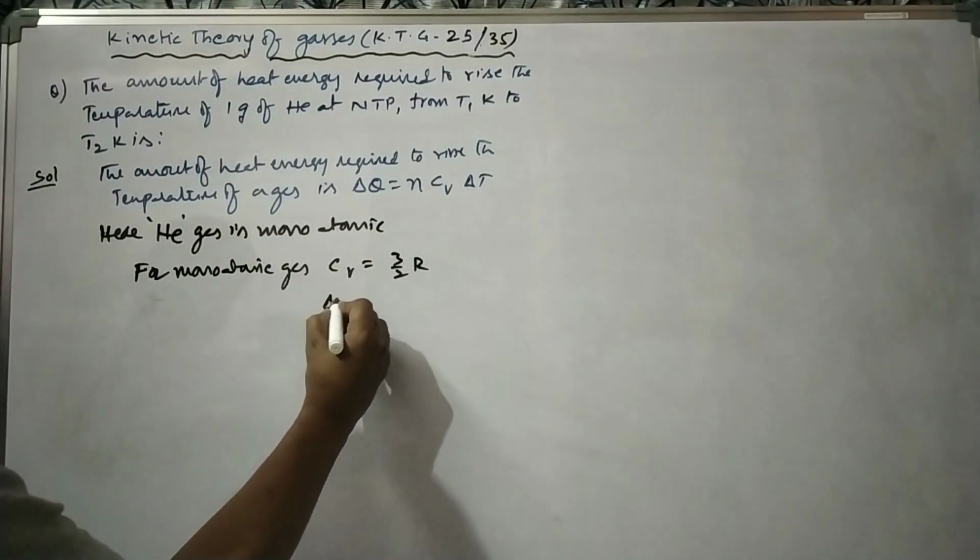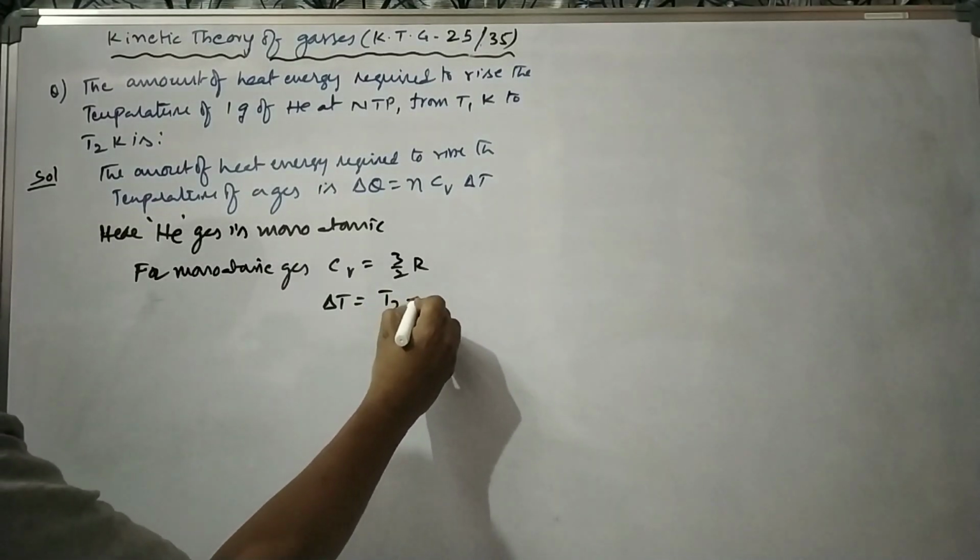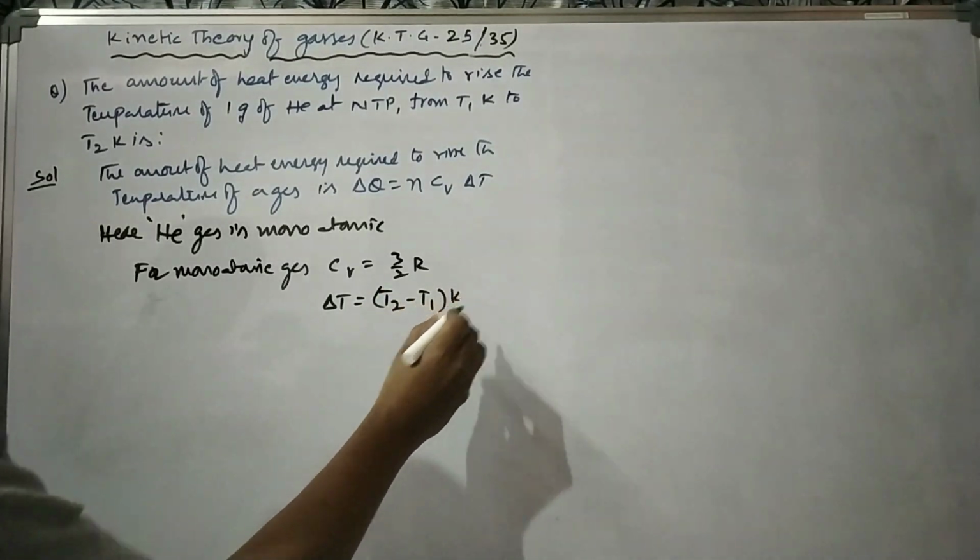That means delta T, the rise in temperature, is T2 minus T1 Kelvin.